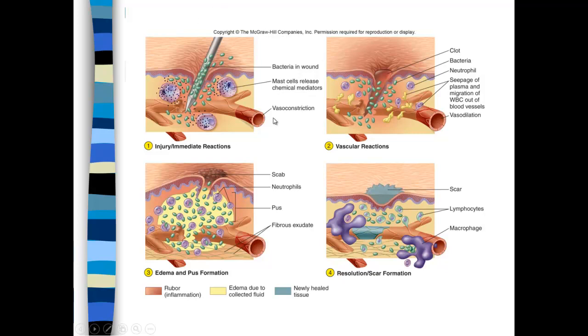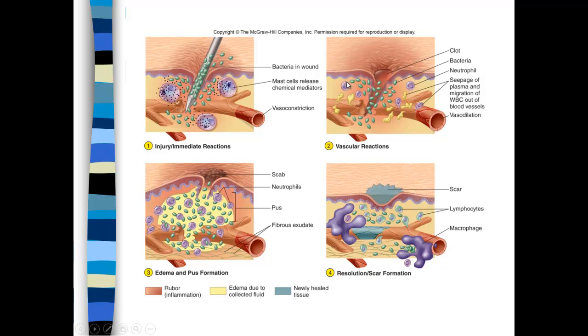Vasoconstriction lowers blood flow in this particular instance, and mast cells then start to release chemical mediators. Then at this point, you get vascular reactions. It's the second frame. You start to get clot formation. Clot formation then prevents blood flow. Clot formation actually can trap bacteria within the clot and prevent some of this bacteria from invading the rest of the body.